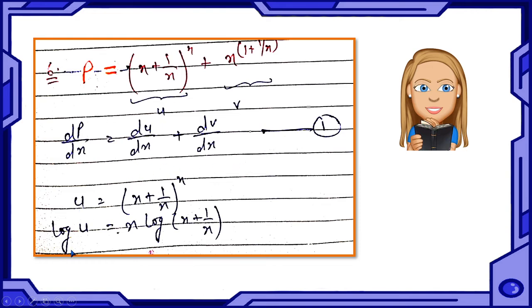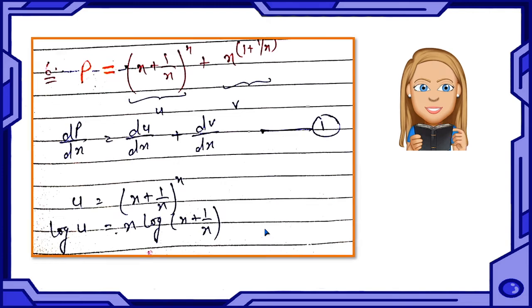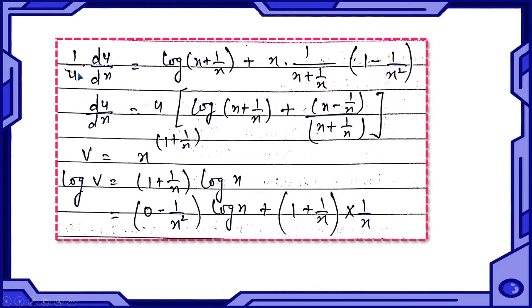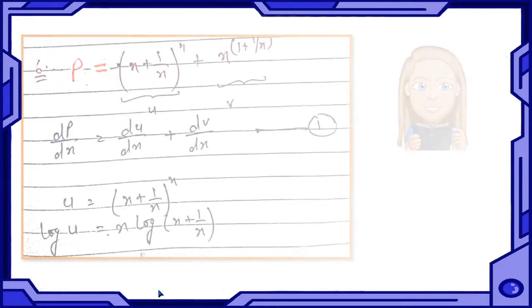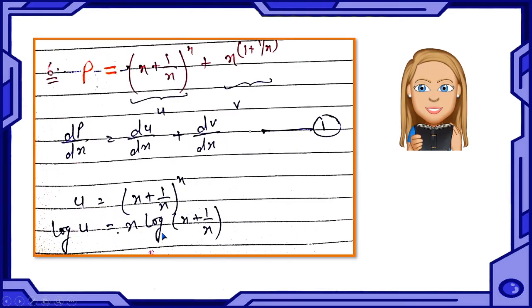This is u, taking log to both sides, log u, and this will come here in front, x log this thing. Then 1 by u du by dx, log this plus x into, we are taking the derivative now. What was the thing written here? It was written x, we are applying the product rule here. This is first term, this is second term.